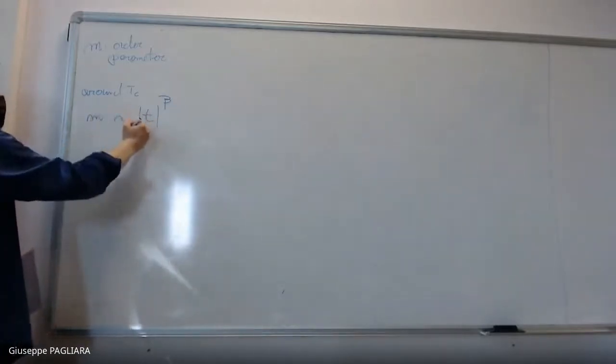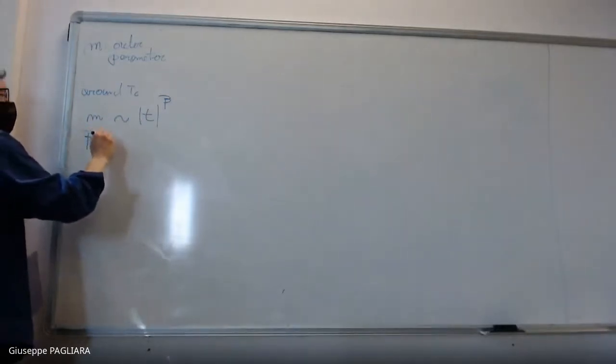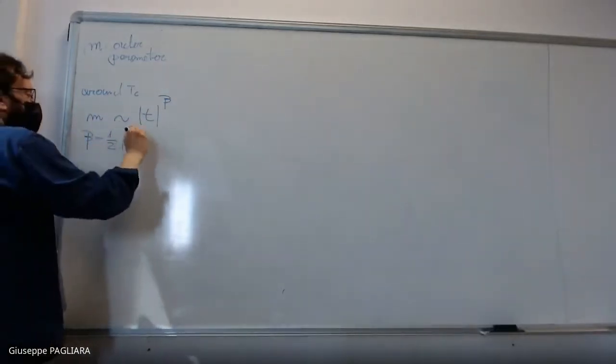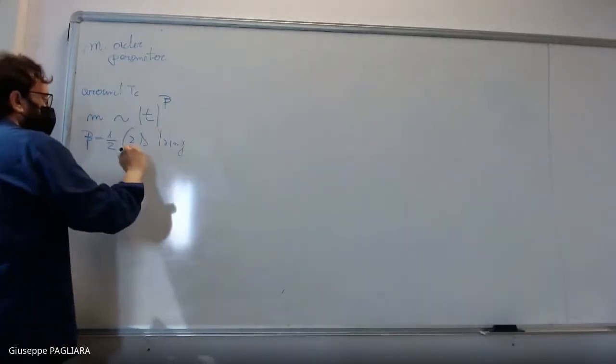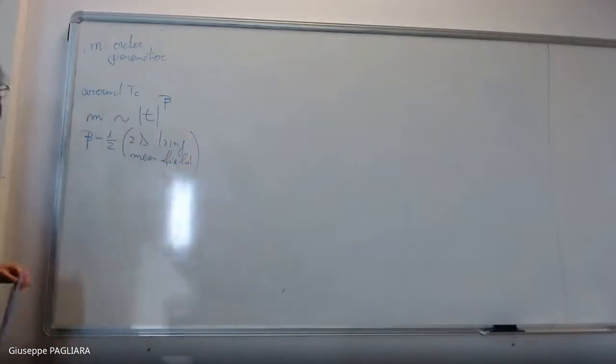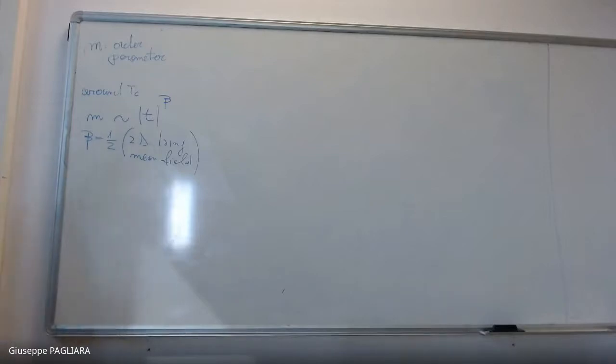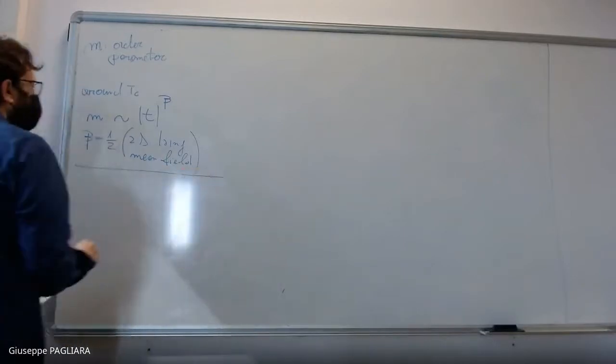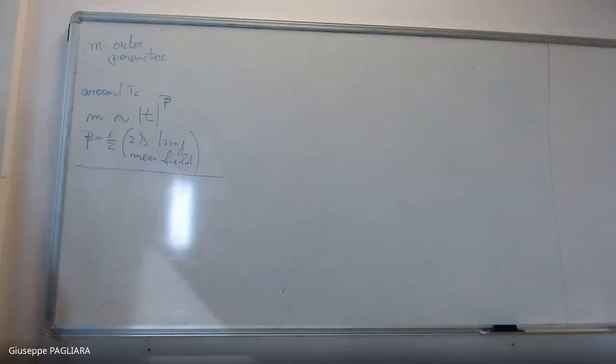Okay, and the scaling was the following with beta equal to 1/2, for two-dimensional Ising mean field. This was the scaling of the order parameter, and this exponent is called by convention beta. Then we have found another thing that was the behavior of the magnetic susceptibility, which is the derivative of the order parameter with respect to the external field.